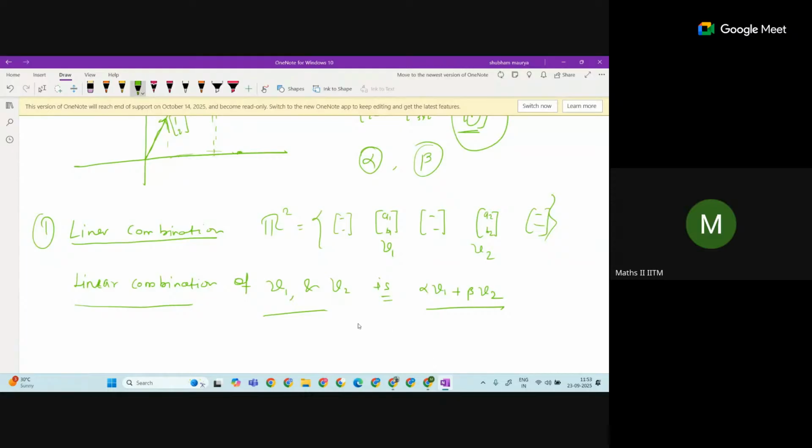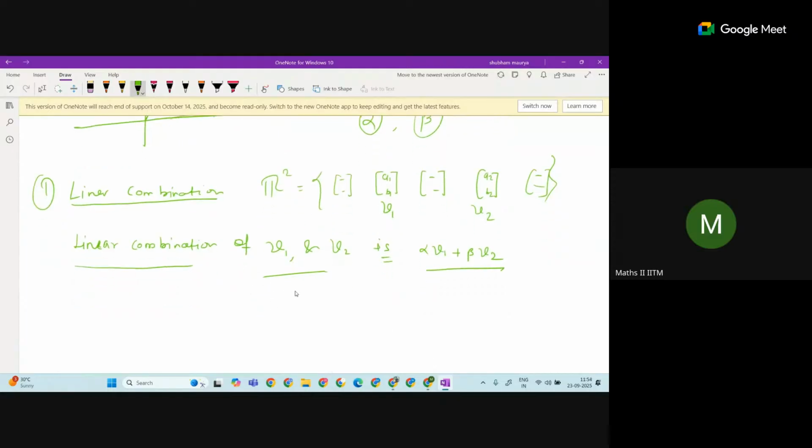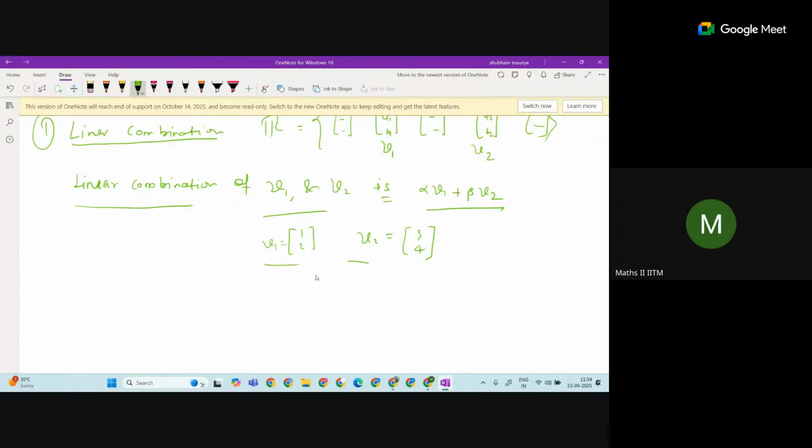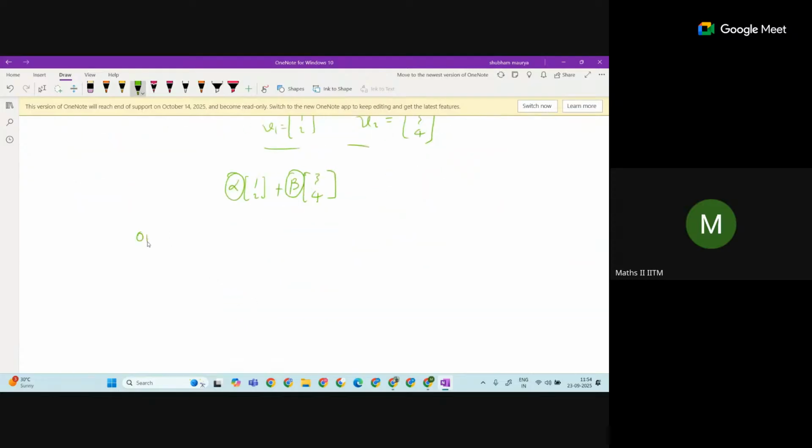What it means, let's understand by example. Let's say I have the vector (1, 2) as my v1 and (3, 4) as my v2. The linear combination of these two is alpha times (1, 2) plus beta times (3, 4), where alpha and beta are real numbers. Let's substitute alpha as 5 and beta as 2.